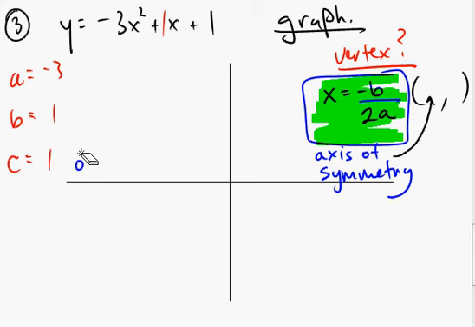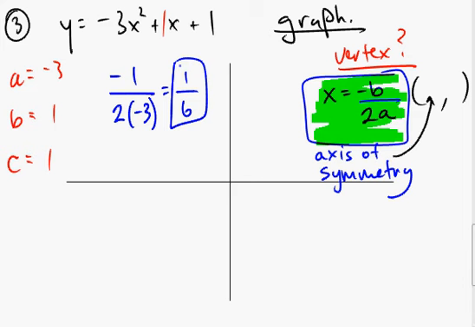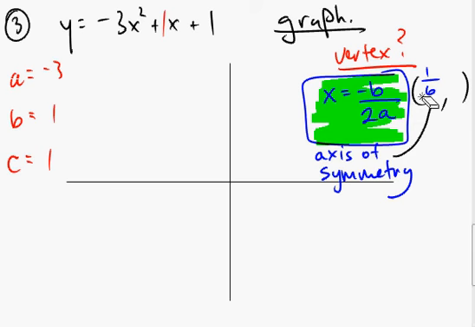So we're just going to use these A, B, C here in this. -1 over 2 times -3 is -1 over -6, 1/6. Okay, that is where the axis of symmetry is. I guess we'll put it right here.